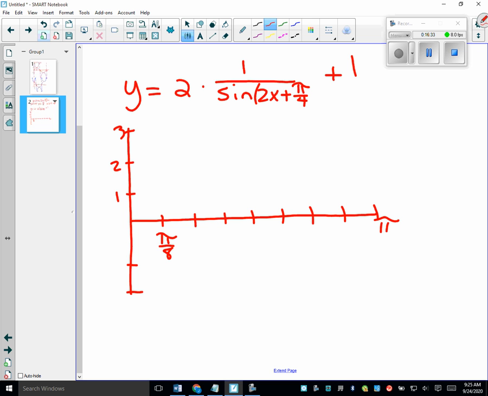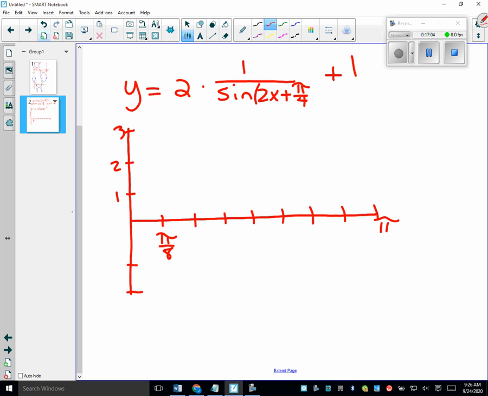The first thing we graph is the asymptotes. Can somebody tell me where an asymptote is? When you trace and put in 3 pi over 8, what did you get?